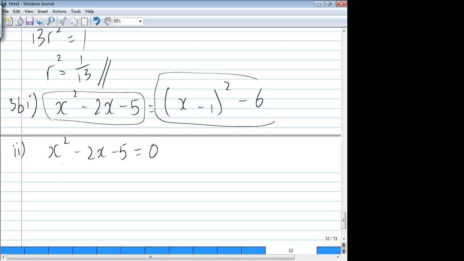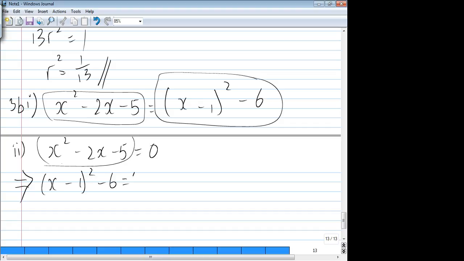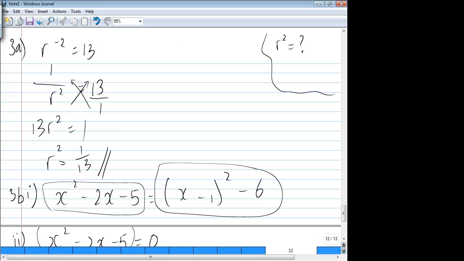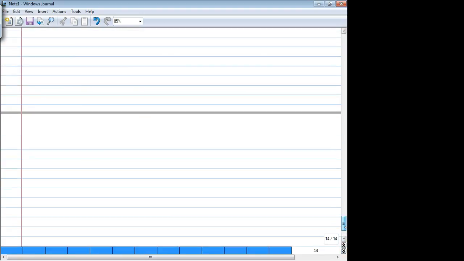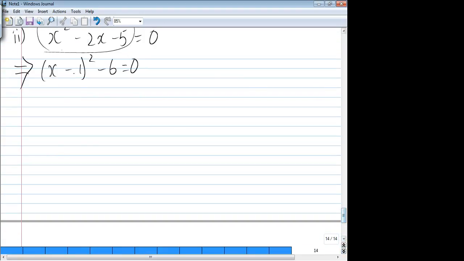Therefore, this must be the same as this. In other words, using our answer from part 1, x minus 1 square minus 6 is equal to 0.